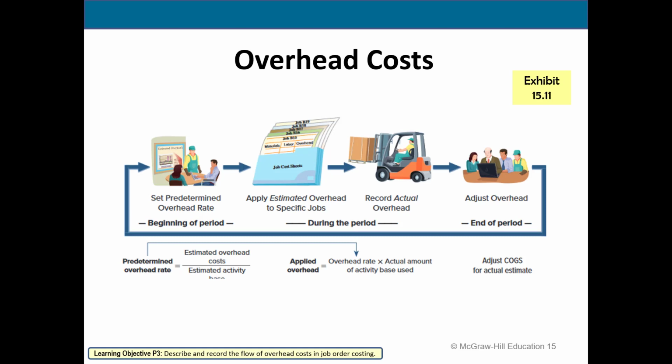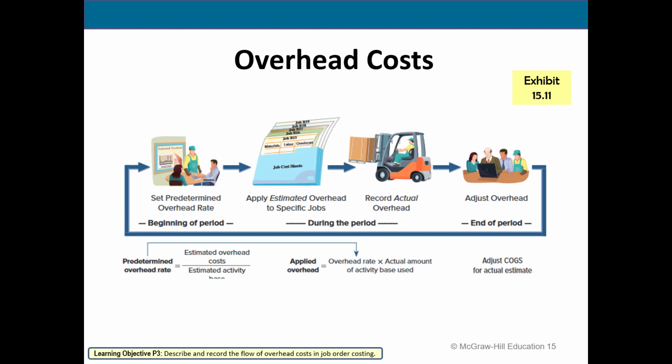This estimated overhead cost, even if it's not exactly correct, we can use to estimate the job's total cost. And it's also useful to managers in decision making. At the end of the year, the company will adjust its estimated overhead to the actual amount incurred. And we'll look at all of the processes and the journal entries for this.